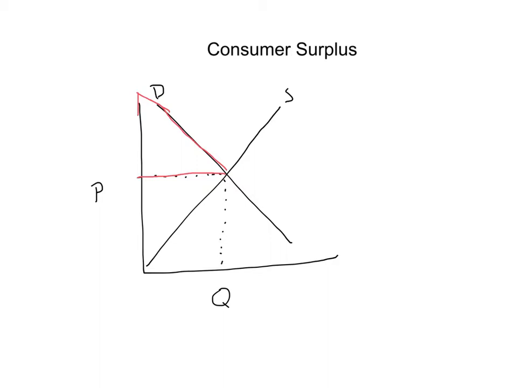Whoever bought this quantity of the good, Q1, their consumer surplus is represented by this line, the difference between what they were willing to pay and what they actually had to pay. Somebody else had this one, and another person that one, and really, you're just going to get the area here, above price but below the demand curve.